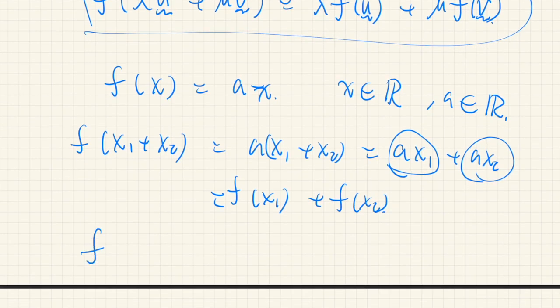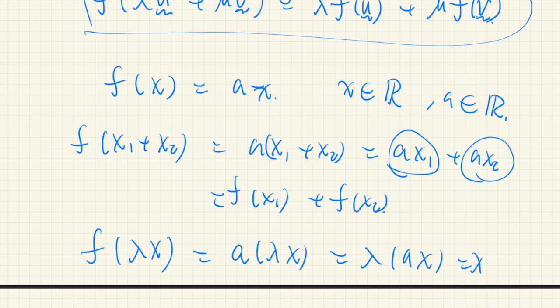Similarly, f of lambda x is lambda times ax, which is lambda times f of x. So this function is indeed linear.